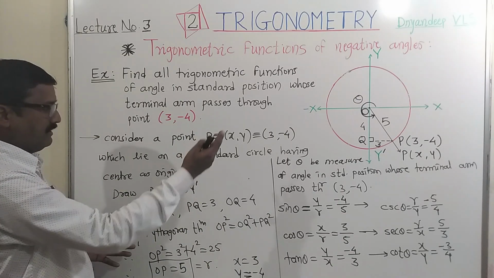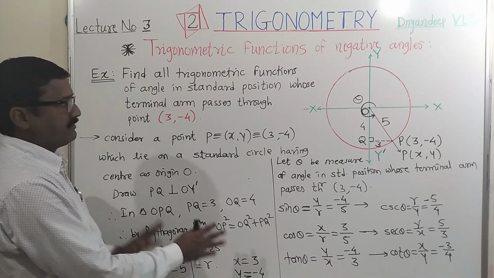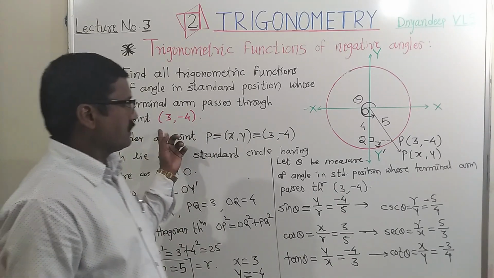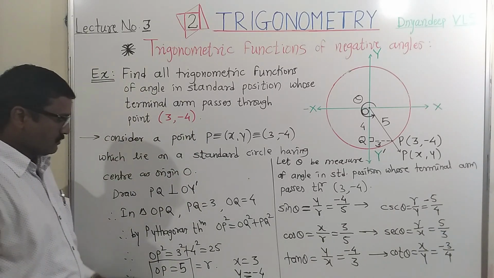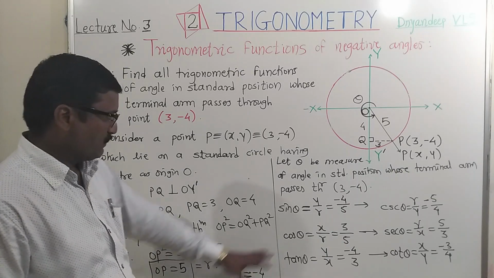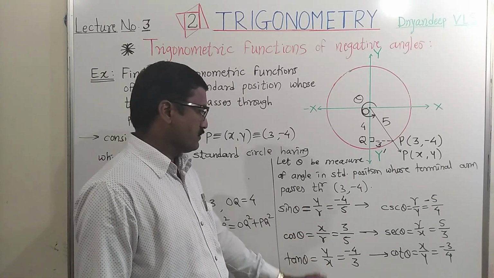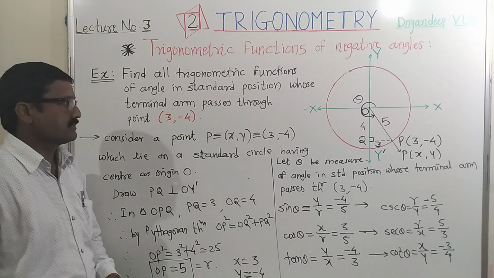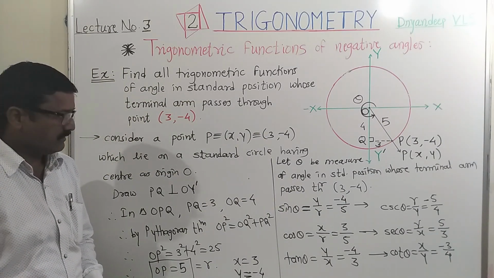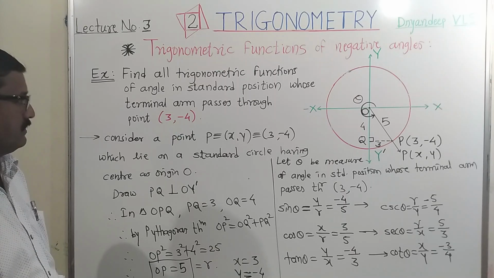You will get a right angle triangle. Using Pythagoras theorem, find the radius of the circle on which this point is lying. So knowing x, y, and r, use all general trigonometric ratios and write the values of trigonometric functions. Okay. I think this example is very simple.